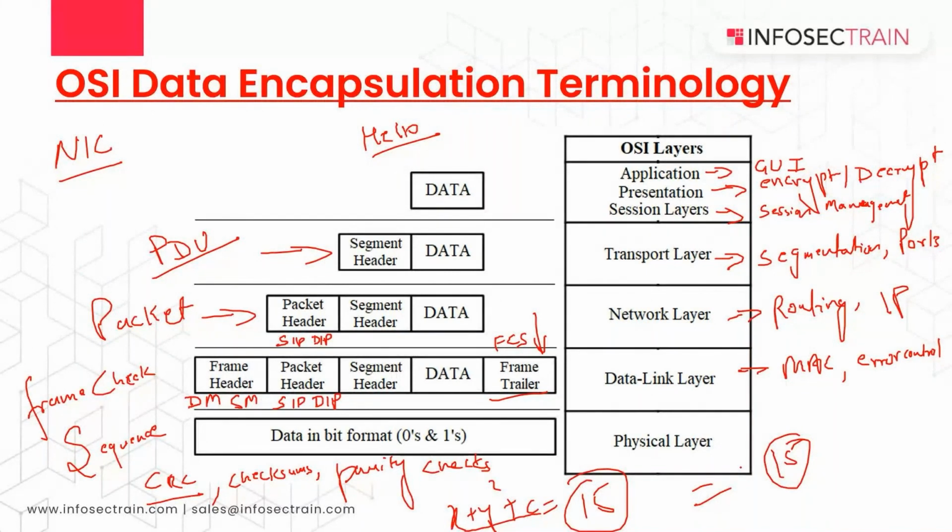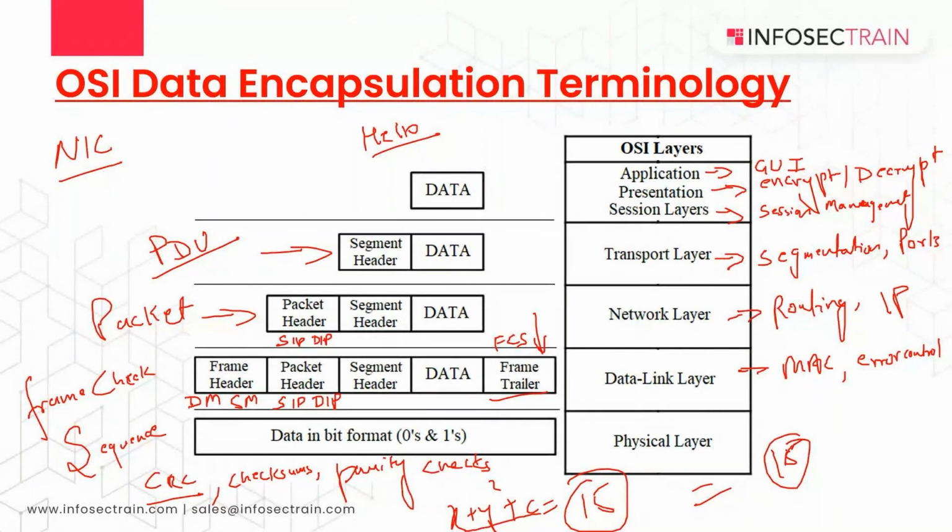It was not changed during the transit. Otherwise, if it is something else apart from 15, let's say 16, that means there was some change made to the data. So it is not authentic and it is not the correct data. So the data will be dropped, right? The frame will be dropped.